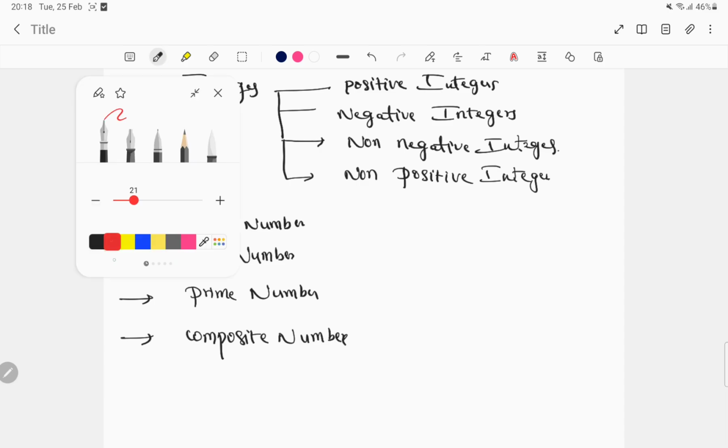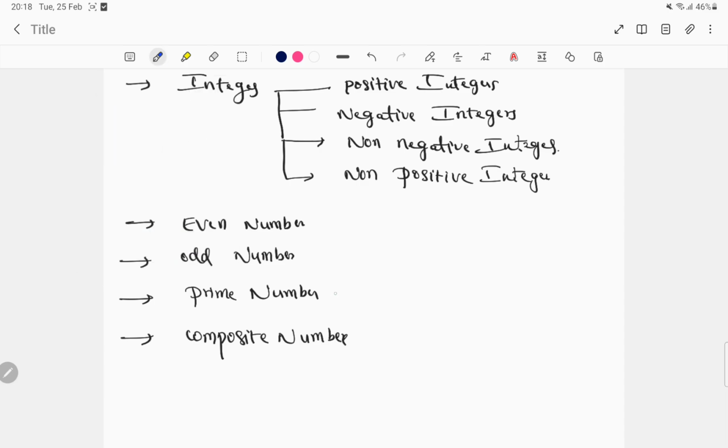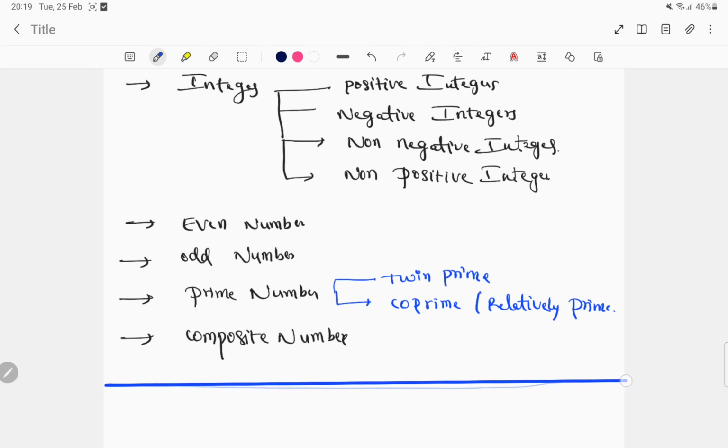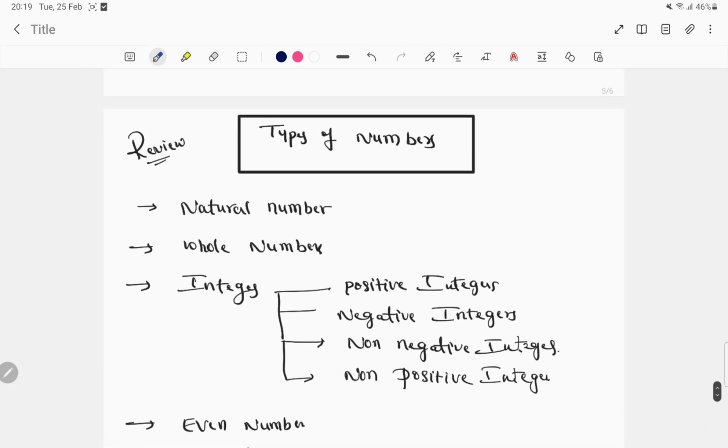In that also, types we discussed: prime number, twin prime, coprime or relatively prime. So these are the points we covered in this video.